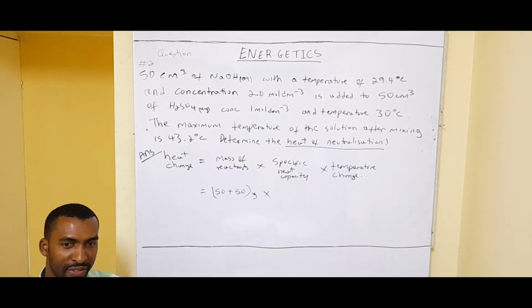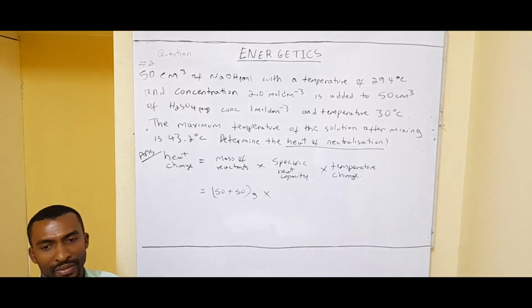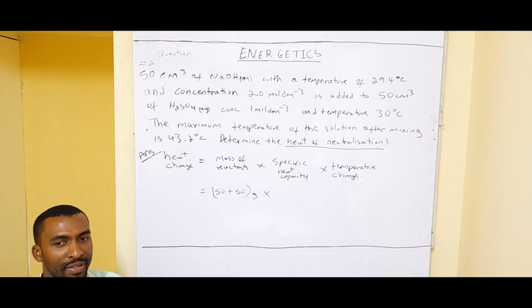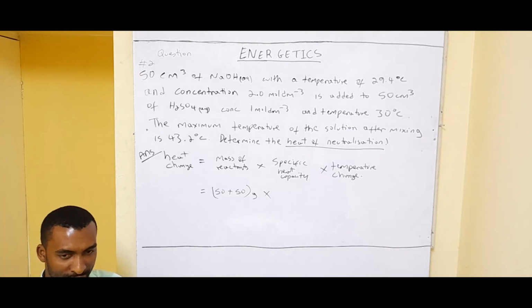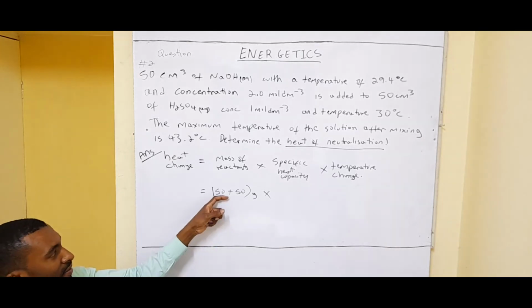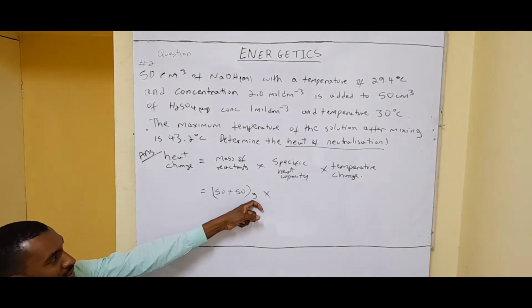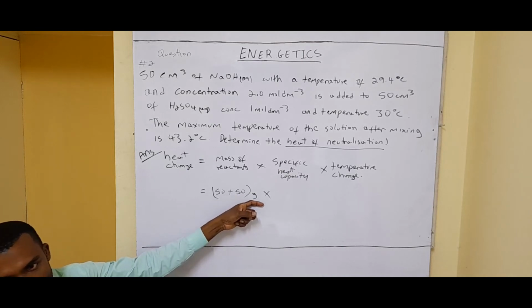So if we have 100 cm cube of this dilute solution, we're assuming that it is just equal to 100 grams. So this is why we can take this 50 plus 50 cm cube and put it in grams.